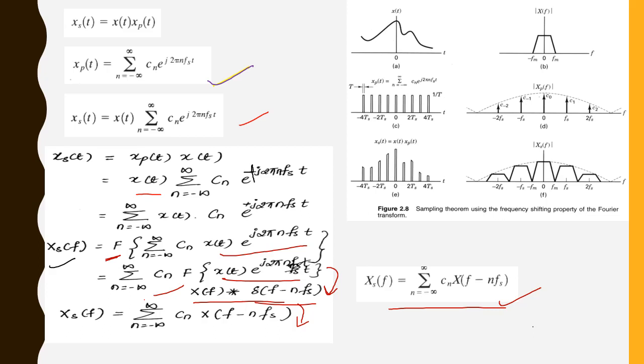So here X_s(f), this particular output signal, is nothing but the replication of your X(f) signal, which is repeated periodically with a frequency f_s hertz. The same signal X(f) is getting repeated again and again with the frequency f_s hertz.